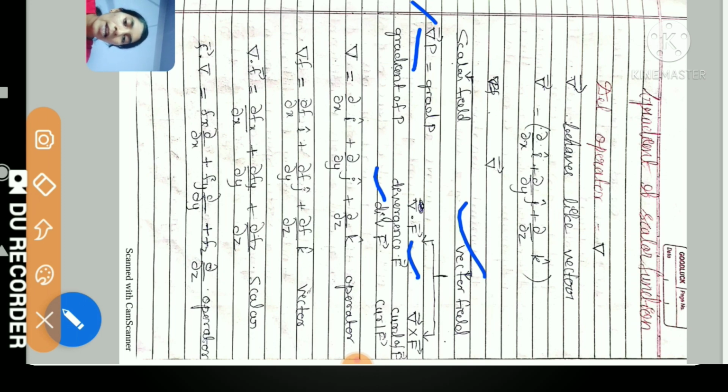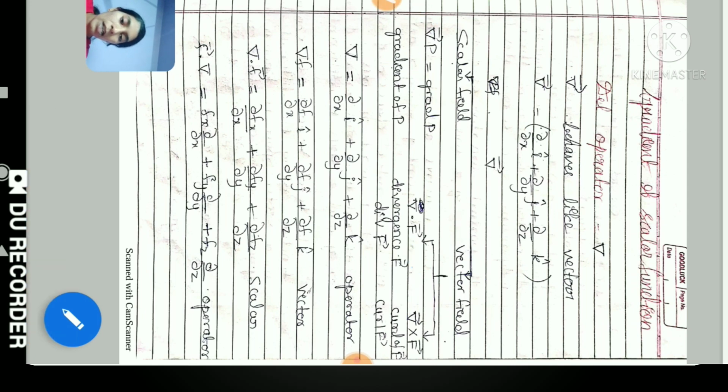Another one is del cross f, which is written as the curl of f. If a cross product is given, we write it as curl of f.